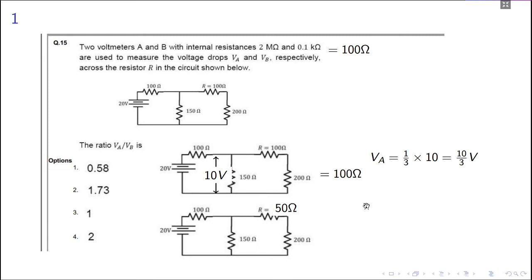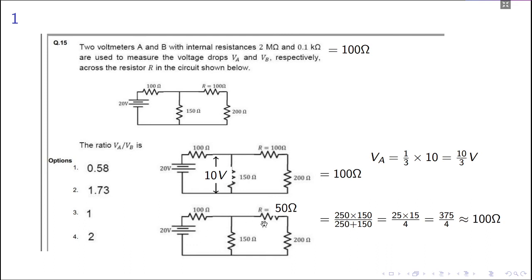So net, this will be 50 ohm overall. So a 50 ohm resistor, and then you again try to do the same thing. So it's 50 ohms, 200, 250, and then in parallel with 150. So the equivalent resistance would be 250 into 150 divided by this sum. And when you calculate it, it's 375 by 4, and you just put it approximately 100.